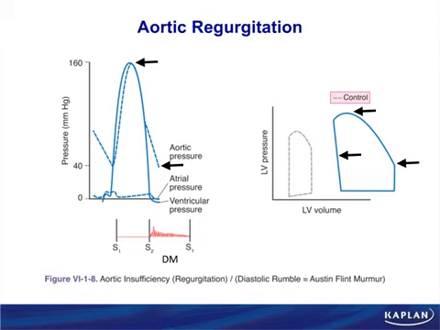This is a great example of a volume overload. And hopefully you remember the type of hypertrophy with a volume overload. Yeah, you got it. Excellent. Eccentric hypertrophy. So this is causing an eccentric hypertrophy, which is not a big increase in wall thickness.